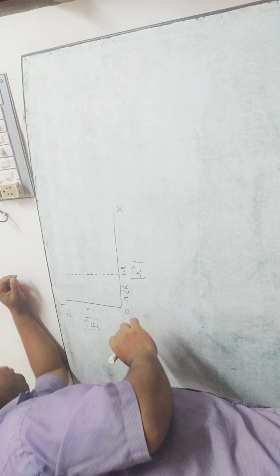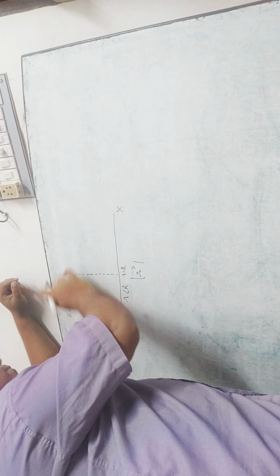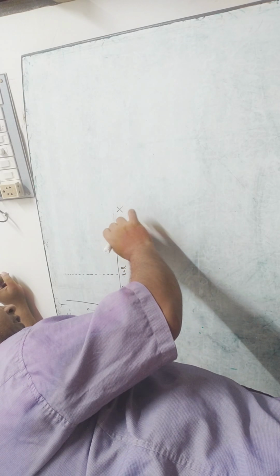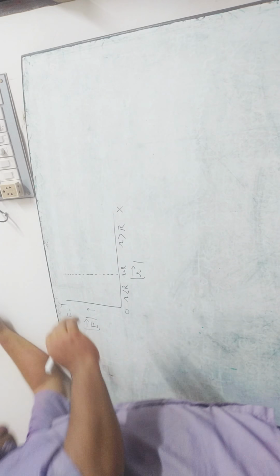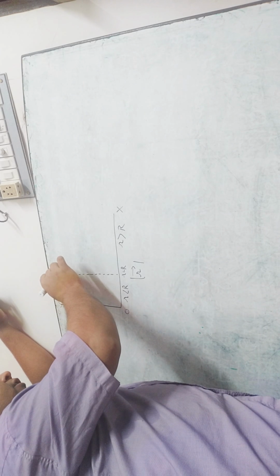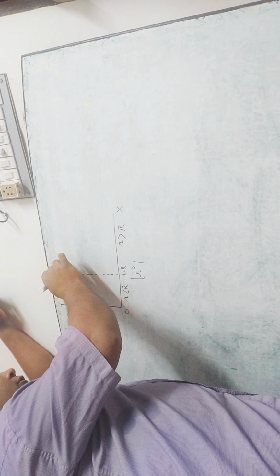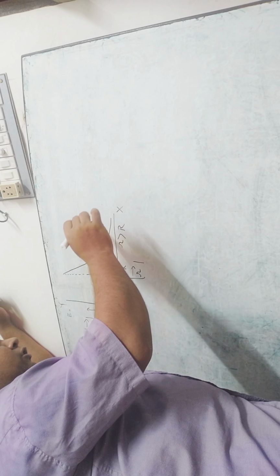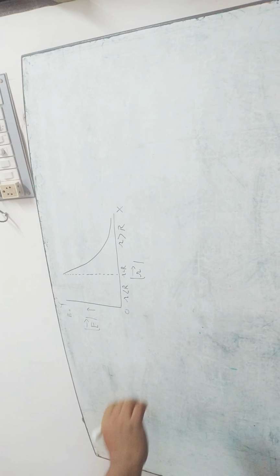After that, when small r is greater than capital R, the electric field will be inversely proportional to the square of the distance.